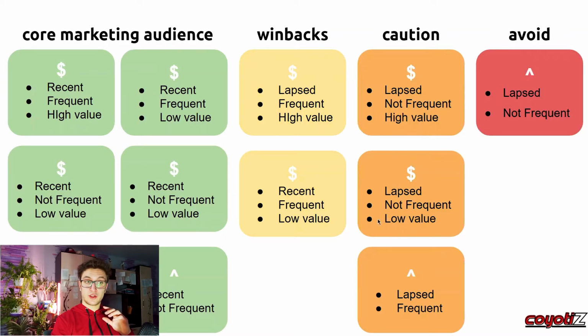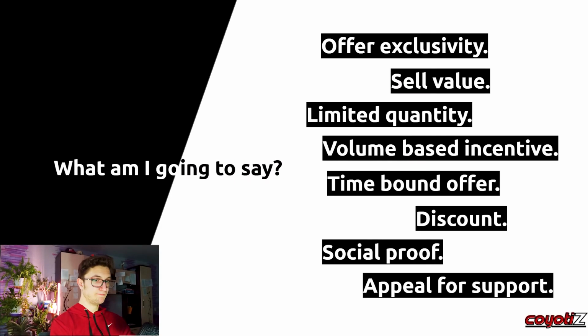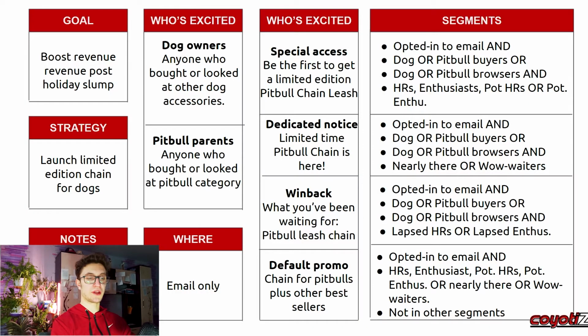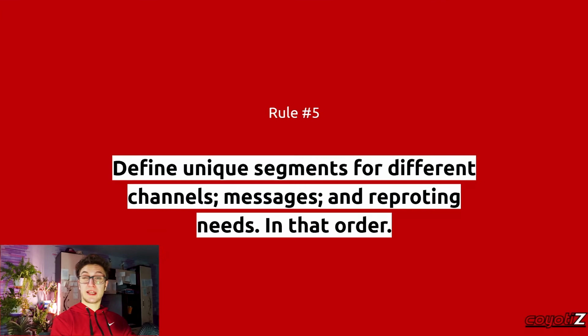If we're touching this segment, which is below, we batch 75% of these guys and 25% of these guys. If we're touching this segment, we are batching 90%: we're sending 90% of campaigns to these guys and only 10% to this quadrant. The red zone we're going to avoid as much as possible, 0% batch. I hope you understand that. I know it's a little hard, but you can watch the video again and it'll make sense.